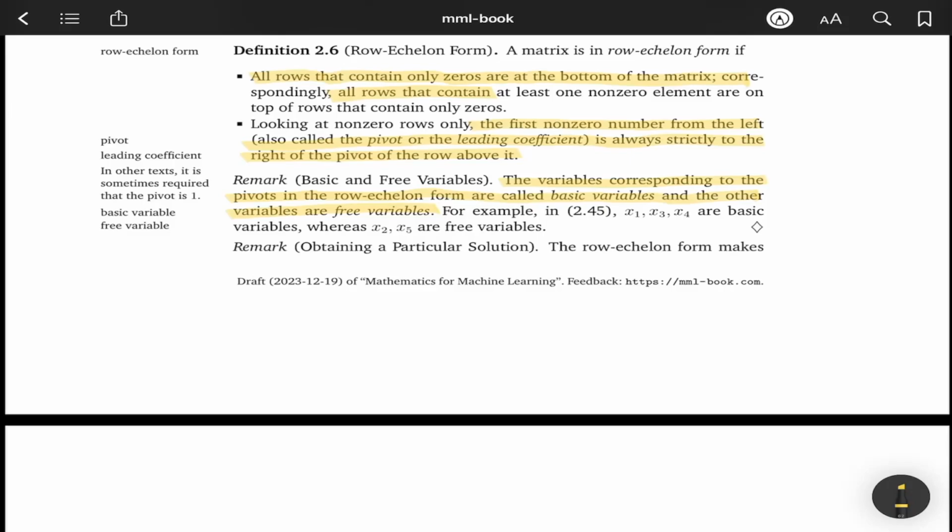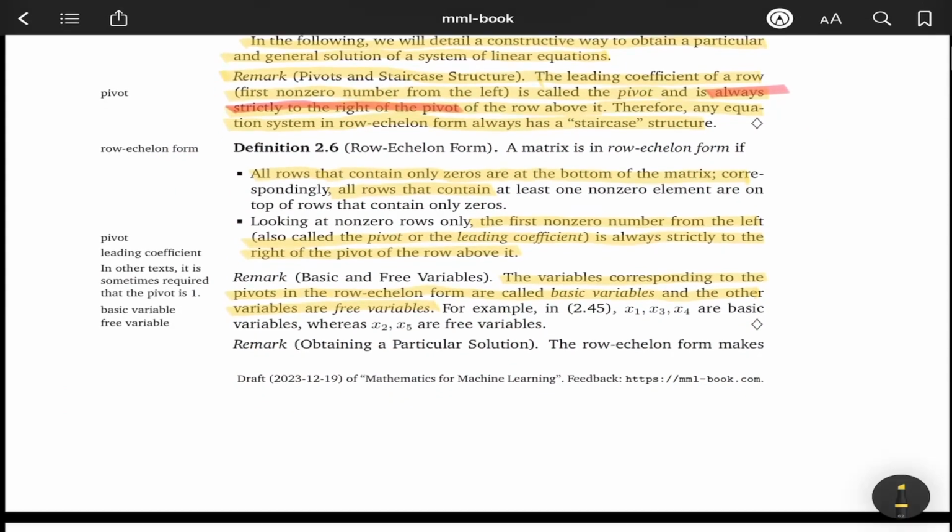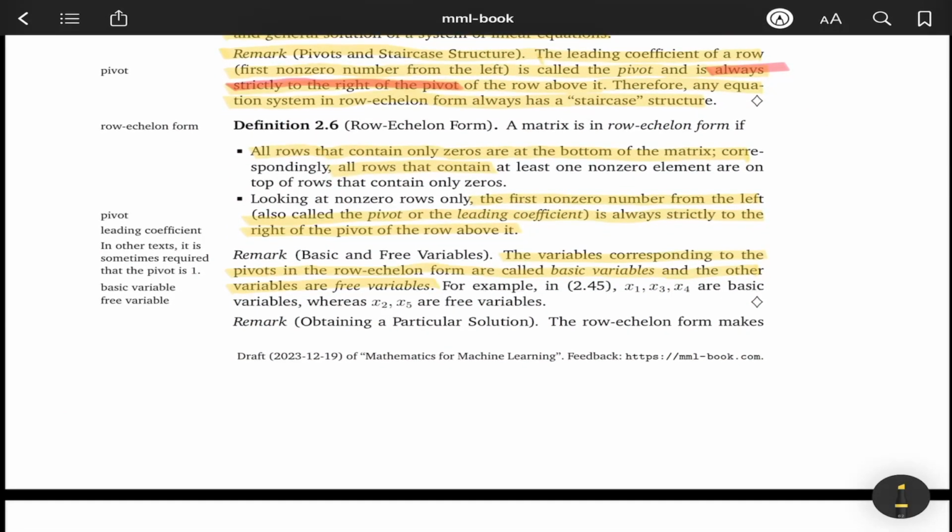I guess it makes sense that we have different words for these variables because they must have different functions. For example, in 2.45, x1, 3, and 4 are basic. So we're talking about x1, 2, 3, 4, and 5.